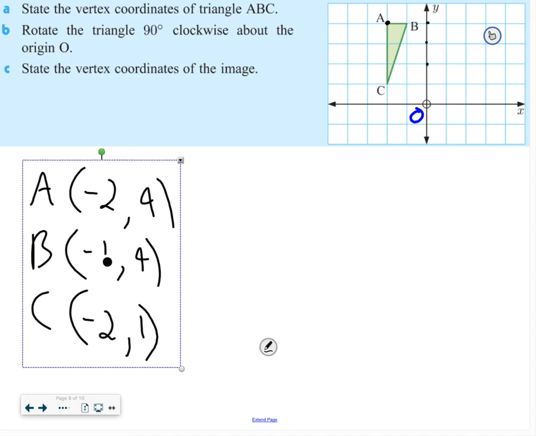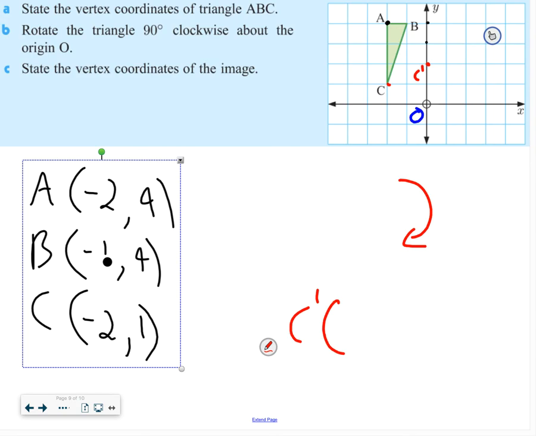Now state the vertex coordinates of the image. Let's go ahead and find our image, and we'll put it in red. Again, rotate clockwise. Clockwise is this way. So point C, if we rotate it clockwise, will be C primed.